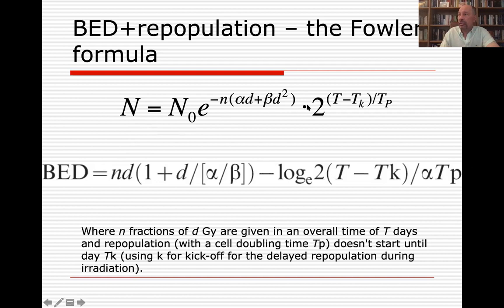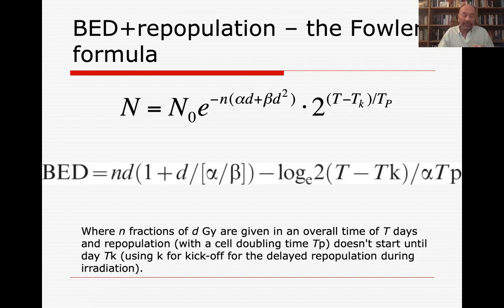But then you consider that there is the repopulation, and you describe the repopulation as an exponential function, 2 to the power t minus Tk divided by Tp, where the t is the time where you have given this dose, this number of fractions. Tk is the kickoff of repopulation.